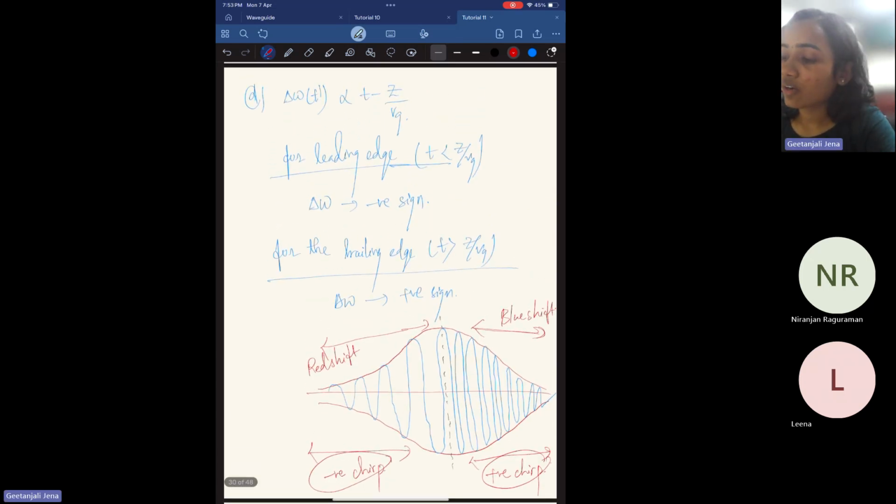So this is all about the problems that I wanted to solve, which mostly covers the concepts related to week 11. Let me ask if you have any other doubt regarding the lectures or regarding any doubt in this problem.